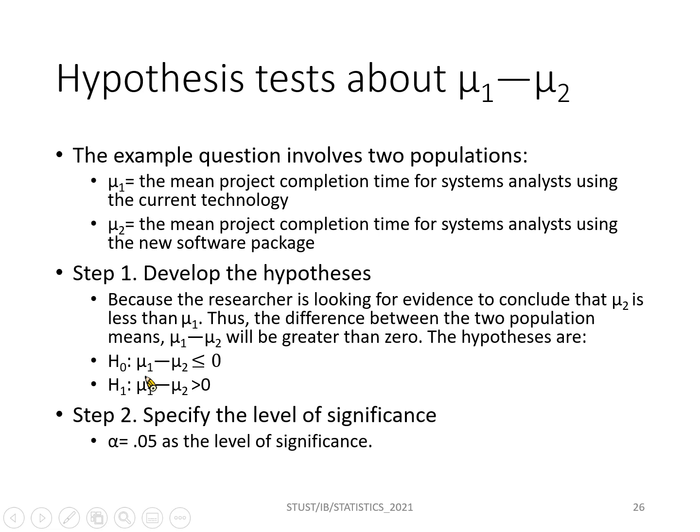But today we hope the new one has a shorter completion time. So our alternative hypothesis is that the difference is larger than 0. The second step is to specify the level of significance. Based on the question, alpha is 0.05.